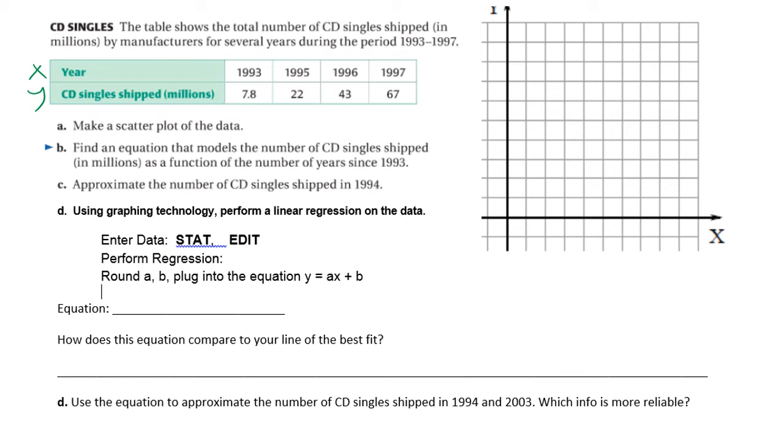Because the years start from 1993 to 1997, I will make 1993 to be year 0, and this would be year 2, this would be year 3, this would be year 4. We can make the scatter plot of the data. Let's make these represent by tens.